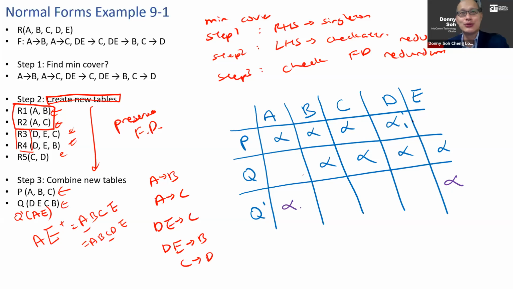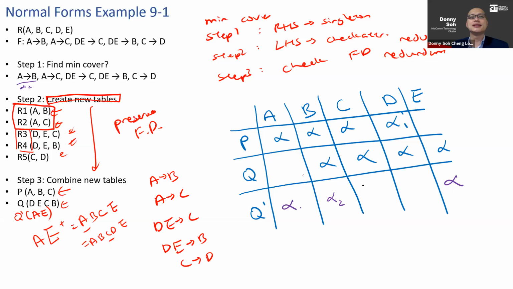Okay, so let's do it with the distinguished variables method to counter check that the rationale is correct. So we have A as the distinguished variable here. And we have A implies B. So from this, I will be able to do this. So this is alpha 2.